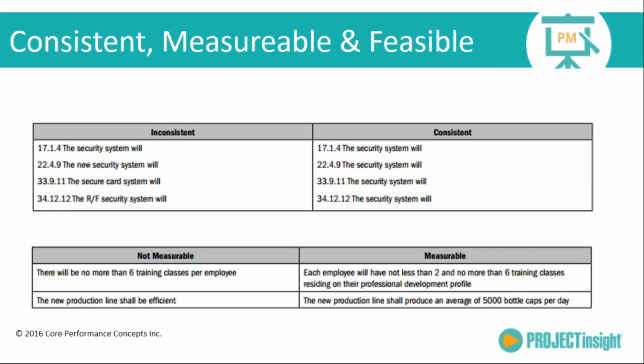So if the measurable requirement is the 5,000 bottle caps per day, and somebody within the organization says there's no way that equipment can do that, the maximum capability of that piece of equipment would be 3,000 bottle caps a day, that would make the requirement not feasible. So we should look at the requirements from the perspective of feasibility as well.